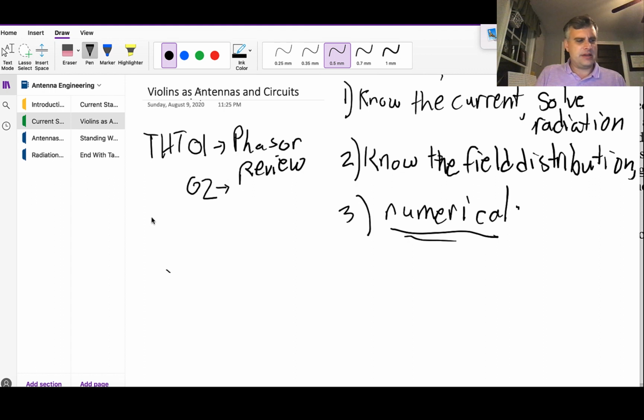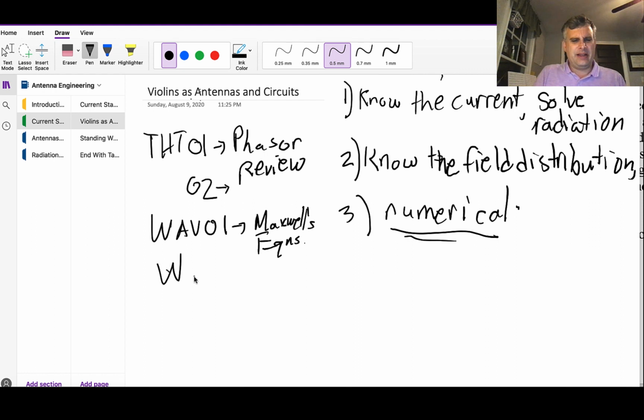And then wave 01, Maxwell's equations. It's going to be helpful later on. We're going to get to that in a moment in this class. And then wave 02, the Helmholtz wave equation.